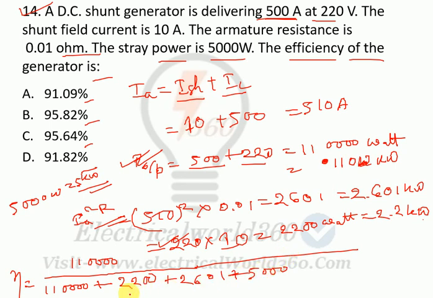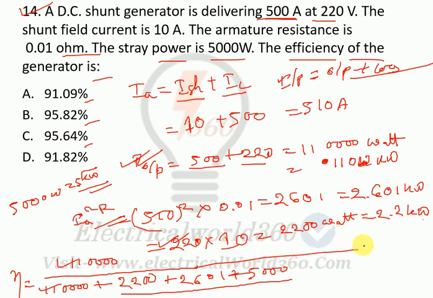So these are the losses. As we know, efficiency is equal to output by output plus losses, and output plus losses is the input. So output by input is the efficiency. This will be near about 91.82 percent, which we find after solving this equation.